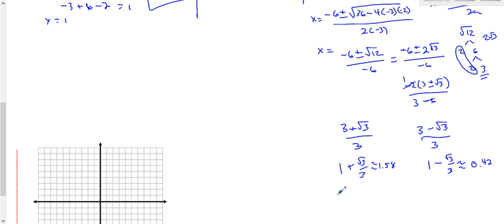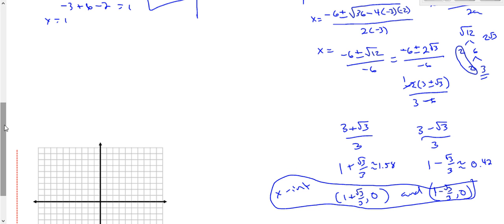So as ordered pairs, we would write (1 plus the square root of 3 over 3, 0) and (1 minus the square root of 3 over 3, 0). And those would be my x-intercepts.